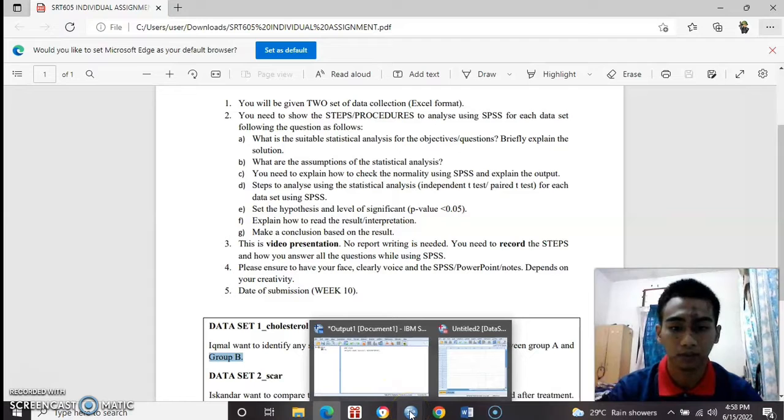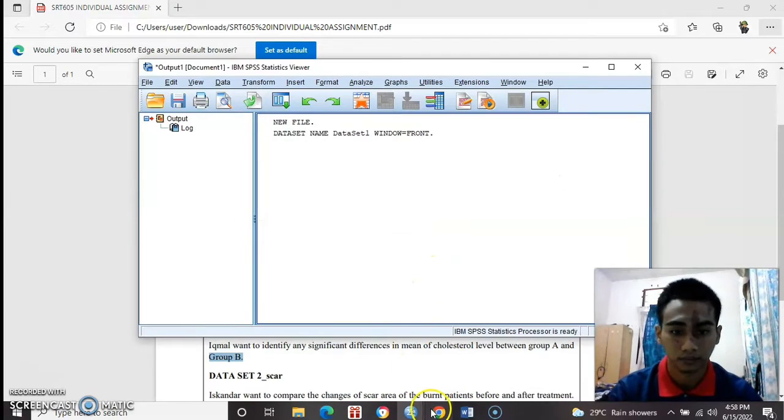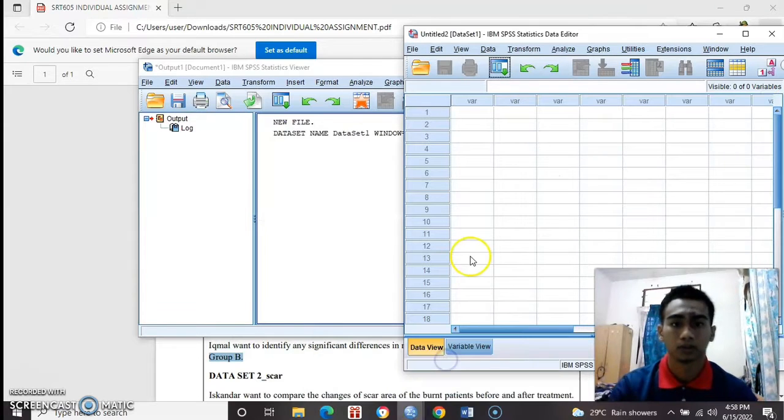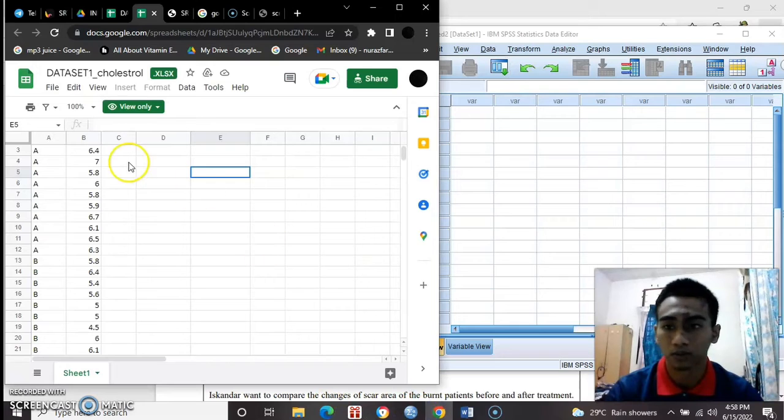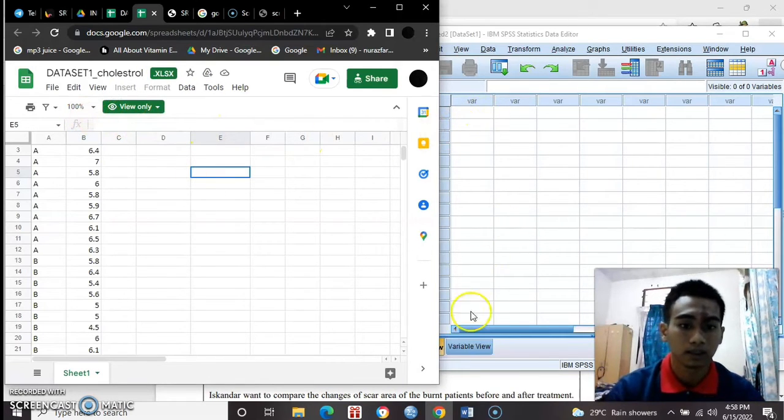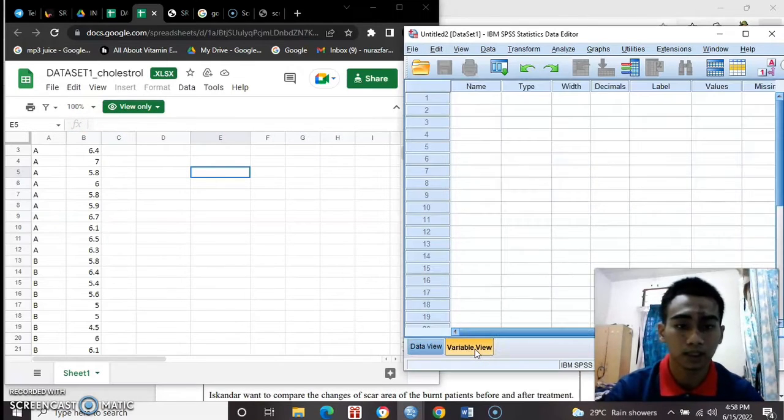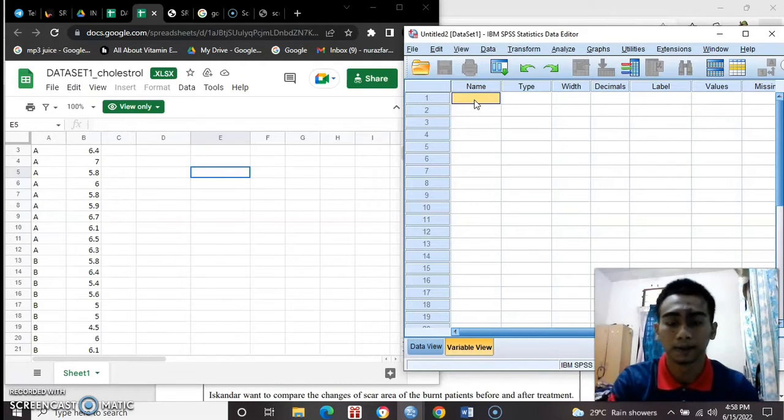First we need to open the SPSS. This is the SPSS. Then we need to open the data. So this is the data for dataset 1. Then we put the data in the variable view. For the first column, put the group of the cholesterol.